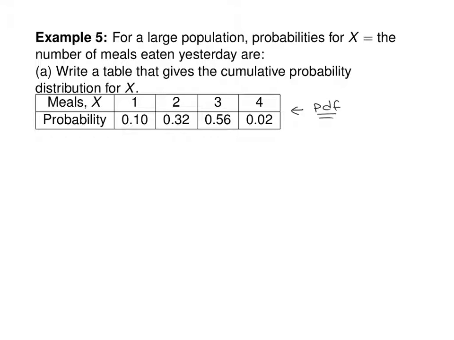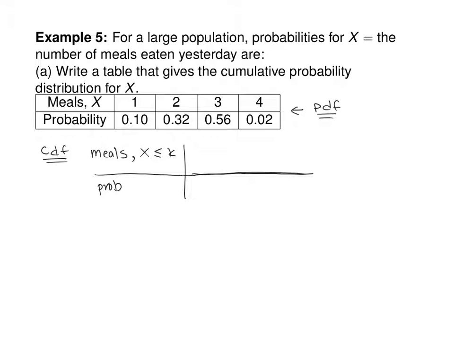Okay, so what we'll do next is make the cumulative distribution function, which is called the CDF. So we have meals, which is still x, and probability. We have x is less than or equal to k now instead of x equals k exactly.